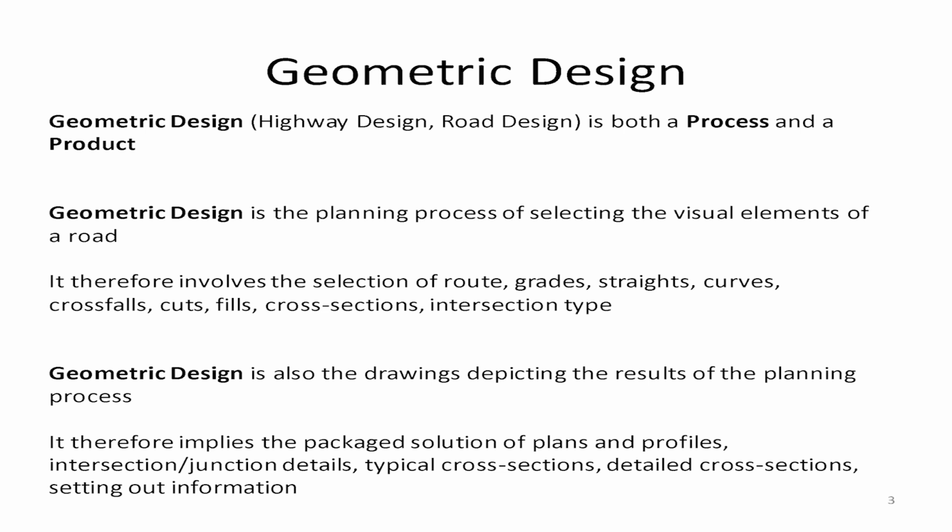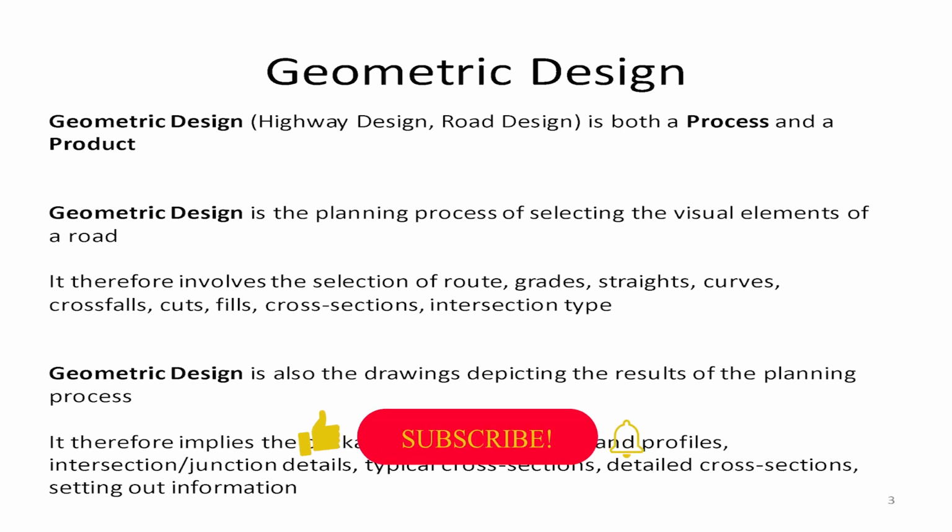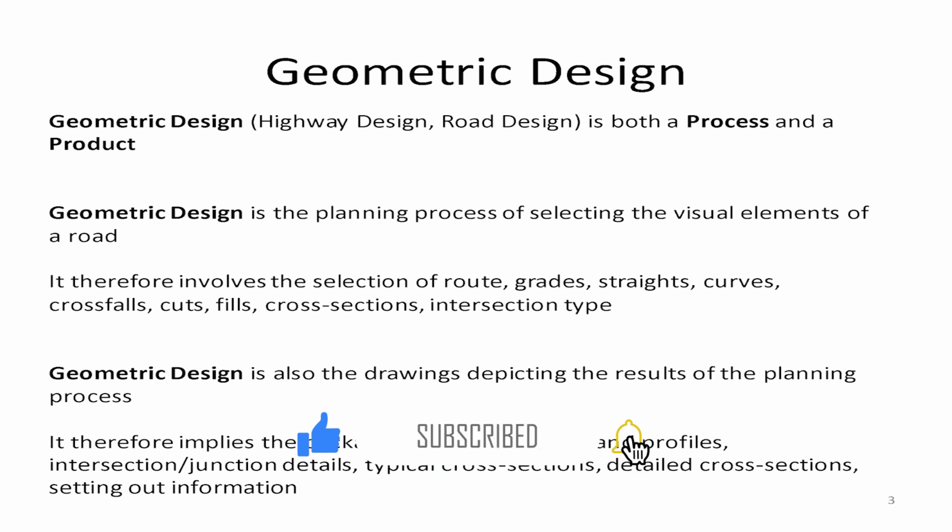Geometric design, also as an output, is the drawings that depict the results of this planning process mentioned. It therefore implies a packaged solution of plans, profiles, intersection or junction details, typical cross sections, detailed cross sections, and setting out information.